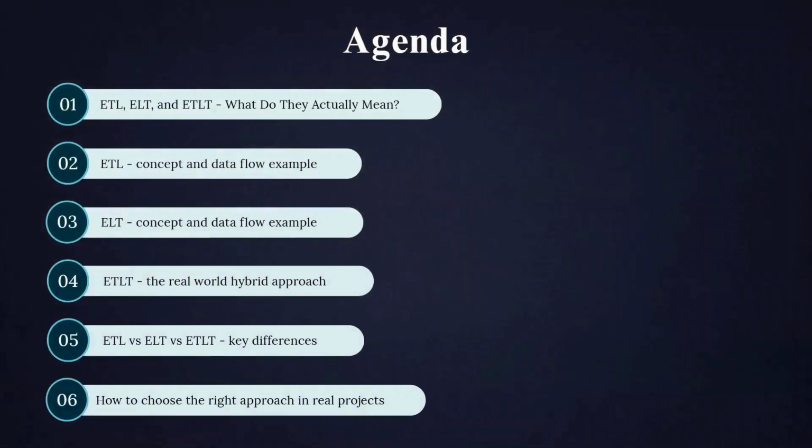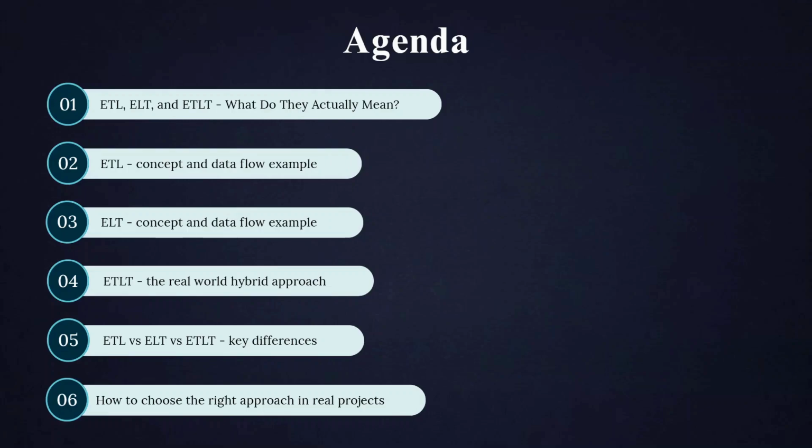Here is what we will cover in this video. First, we will understand what ETL, ELT and ETLT actually mean. Then we will walk through ETL using a simple concept and a data flow example. After that, we will do the same for ELT as well.